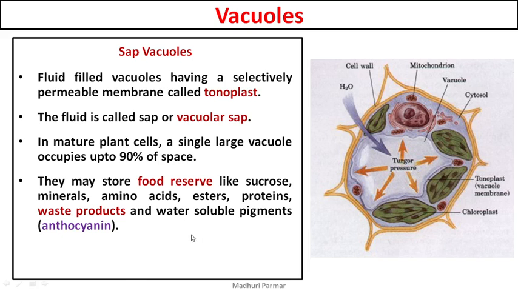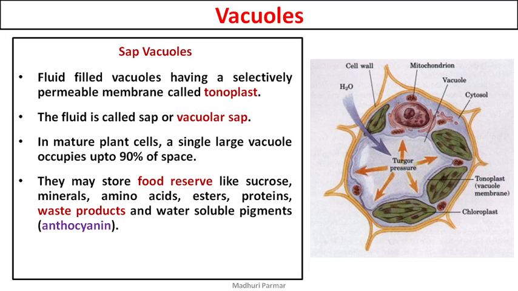And water soluble pigments like anthocyanin. Some vegetables and flowers have a very nice red color. Let me give you an example of beetroot. Have you eaten beetroot? This beetroot is red in color, right? It even stains your fingers.